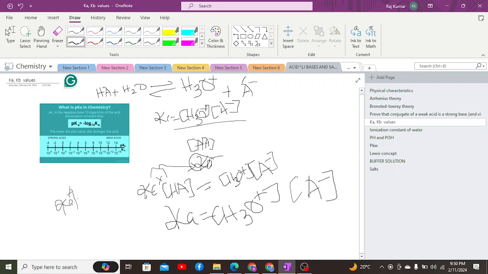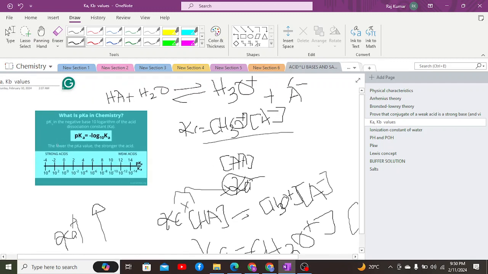Then a high value of Ka indicates that more H ions are dissociated into the solution, which indicates high acidity of the solution.